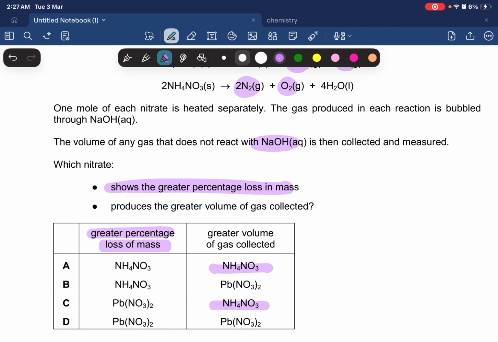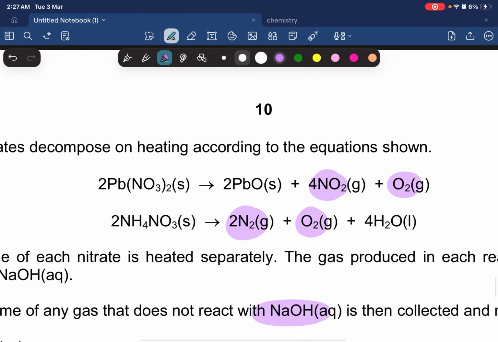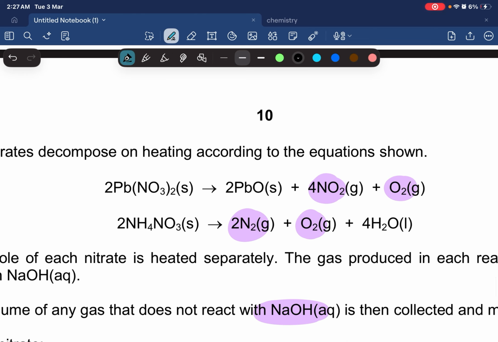So we retain mass when we form a solid, and when we form gas, we lose mass, right? So if we take 1 mole of this and 1 mole of this, how much are we going to have? 2 moles of this, half a mole of this, 1 mole of this, half a mole of this.